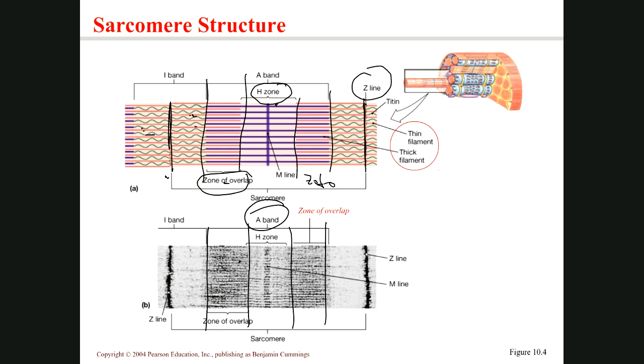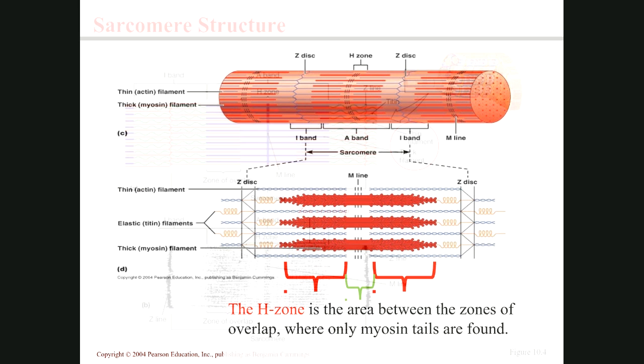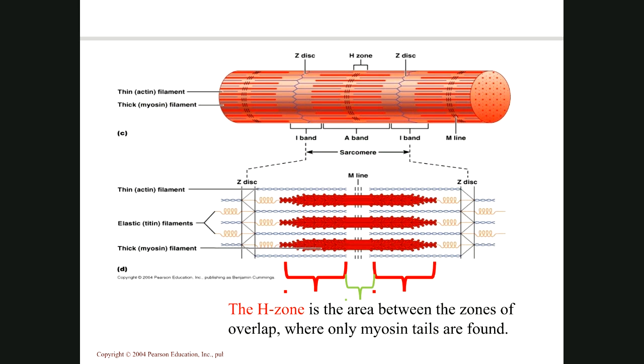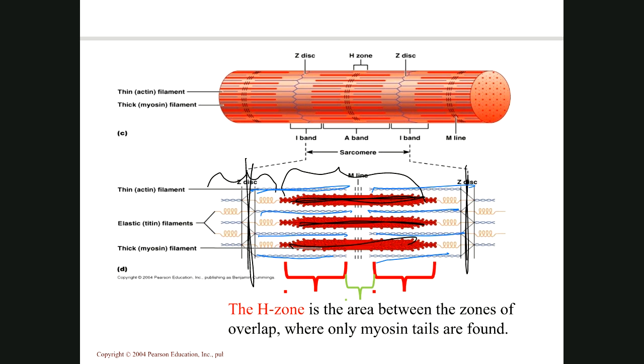So given a sarcomere, you should be able to identify the A band, the I band, the Z disc, or Z line, the thick filament, the thin filaments, the H zone. All these right here is H zone.